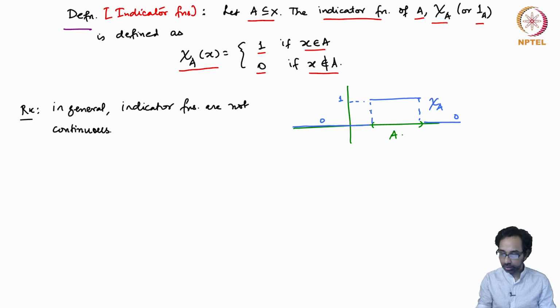So for example, here there is a discontinuity at the boundary point. So let's say this is A and B, and there is a discontinuity of this indicator function at A as well as at B. So indicator functions are not continuous, and Urysohn's lemma allows us to approximate indicator functions using continuous functions.